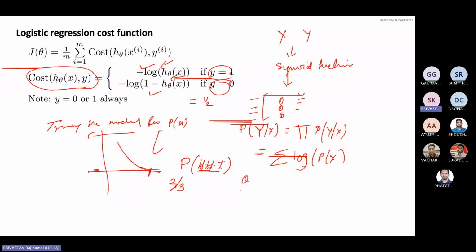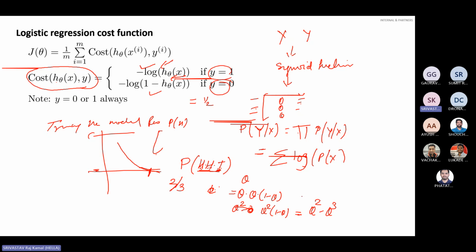So this becomes probability of head is theta, and probability of tail becomes 1 minus theta. This becomes my likelihood: theta squared times (1 minus theta), which is theta squared minus theta cubed.